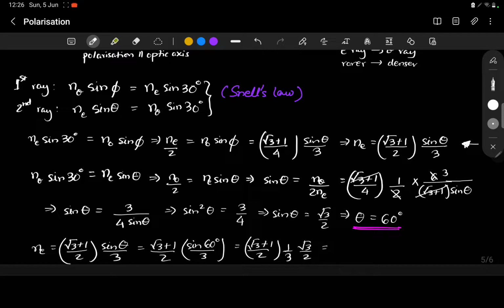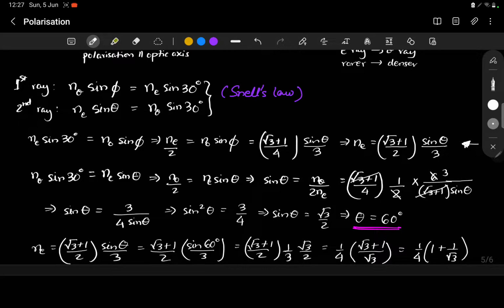So let us try and simplify some terms. So this is 1 over 4 root 3 plus 1, and this 3 and root 3 will give us a root 3 in the denominator. So this gives us 1 plus 1 over root 3.